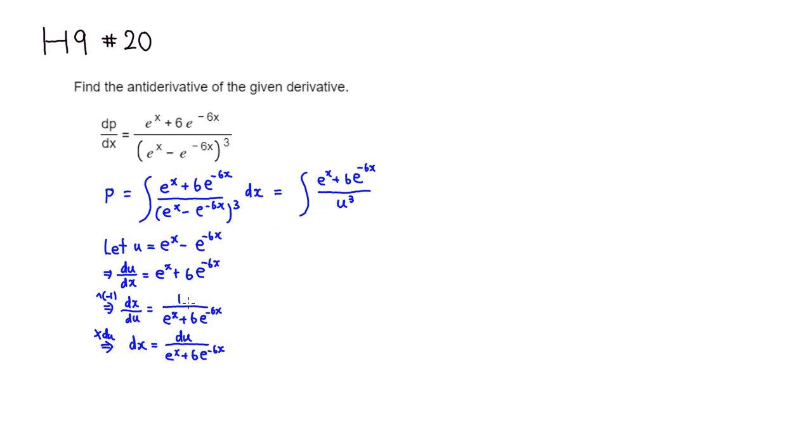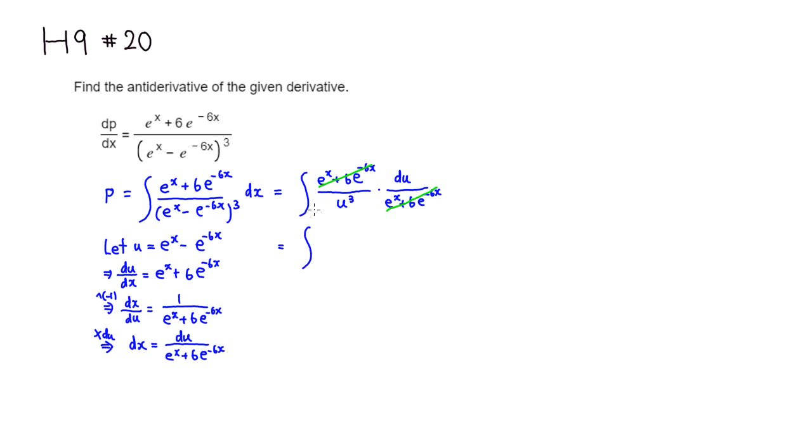And dx we just found is equivalent to du over e to the x plus 6e to the negative 6x. You can see that we have exactly the same factor on top and bottom, so you can cancel that out.